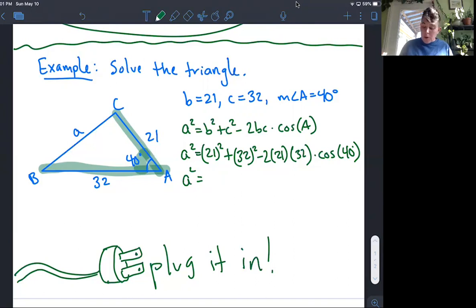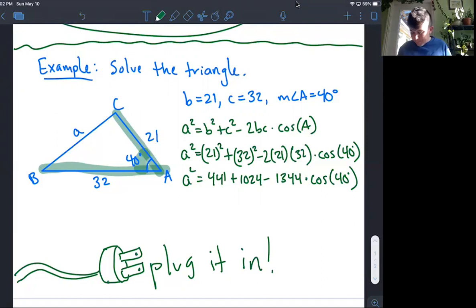So here we go. 21 squared is 441. 32 squared is 1024. 2 times 21 times 32 is 1,344, and I'm going to add on that times cosine of 40 degrees at the end, and then triple check that I'm in degrees, which I am.